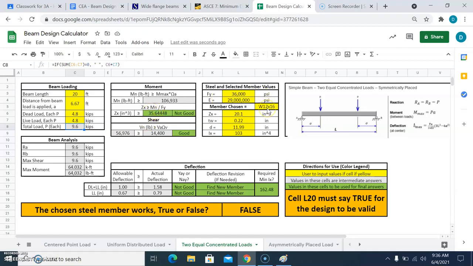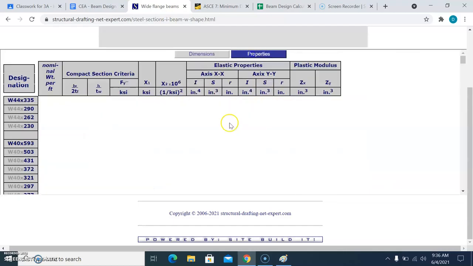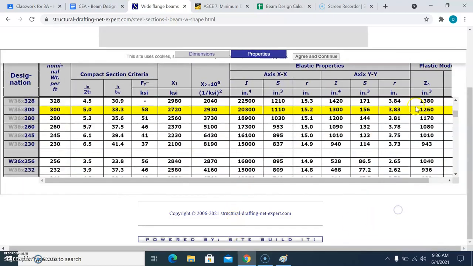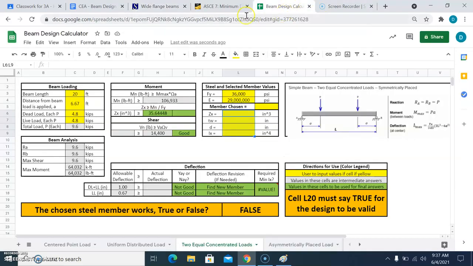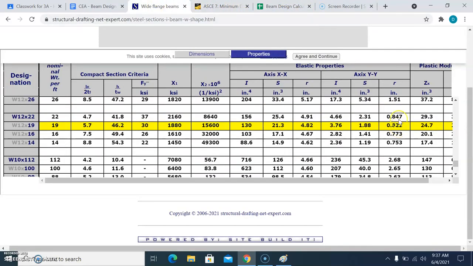Don't forget we have to change these values, so before we forget, let's get rid of these values. And now we need a higher Z of x of 35.6 or greater. What was it? 35.6. 12 by 26.